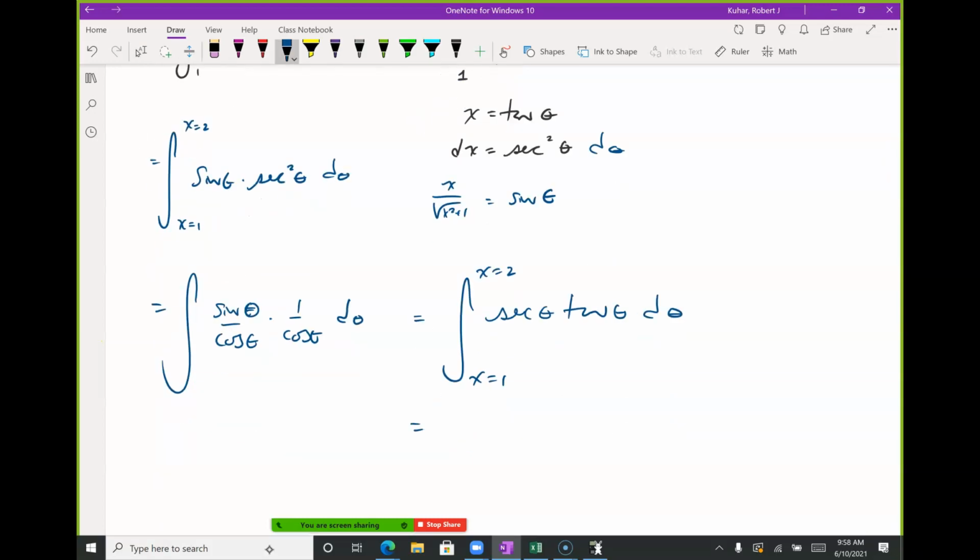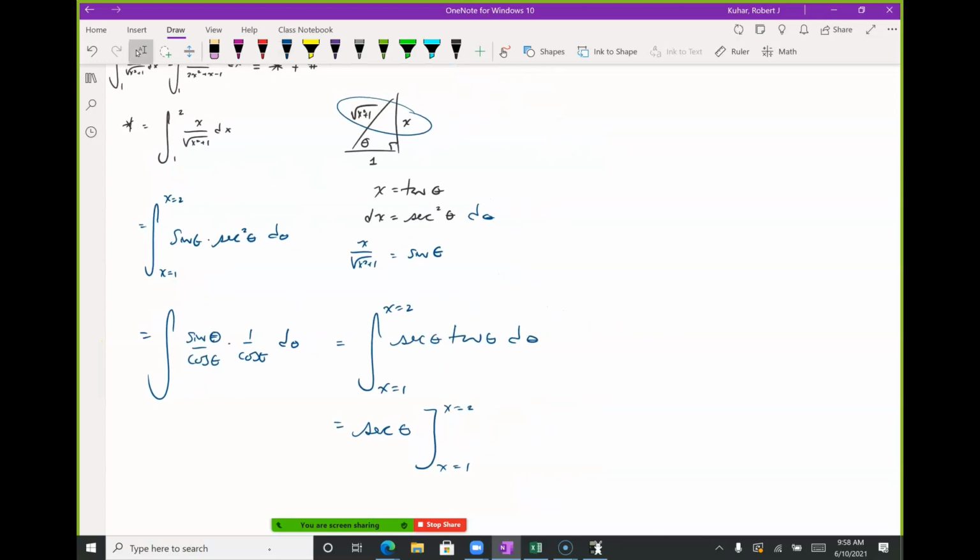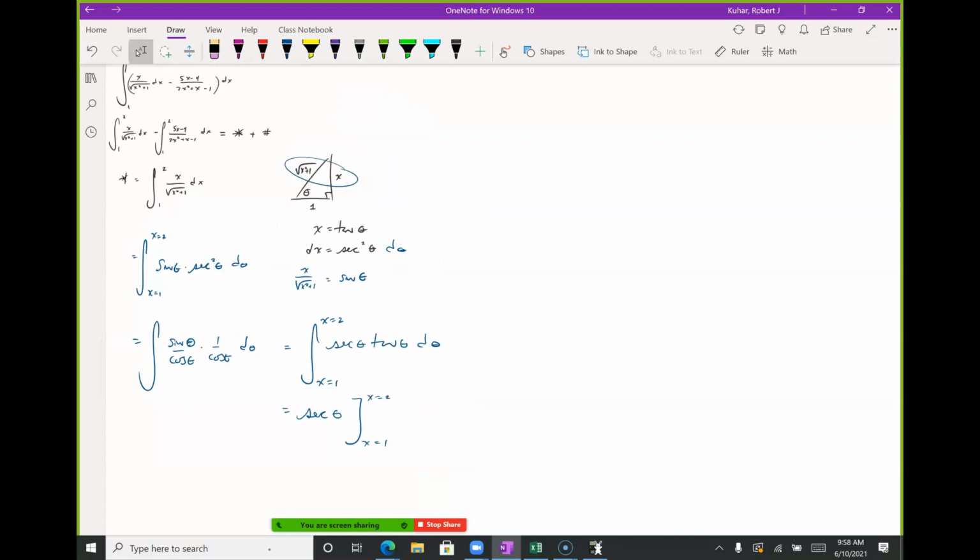And the antiderivative of secant tangent is secant, right? Am I going too fast? I might be going too fast. Yes. Thank you. I'll slow down.